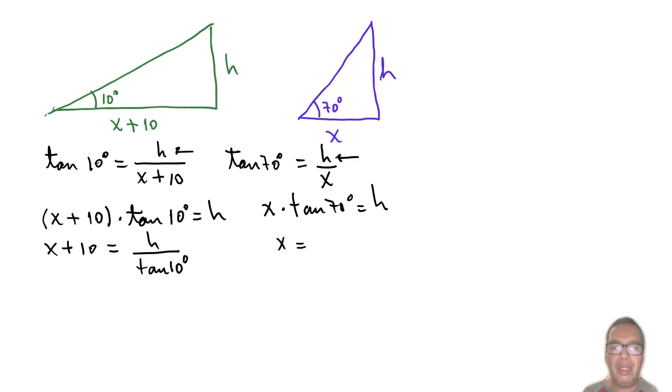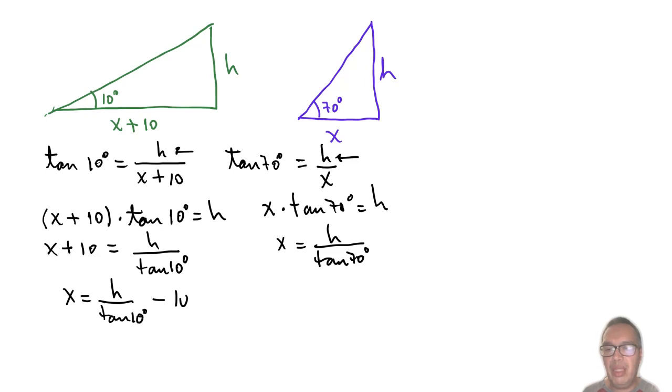And x is equal to h divided by the tangent of 70 degrees. Also, by combining a little algebra here, x is equal to h over tangent of 10 degrees minus 10. And on the other hand, you already have it solved for x, so you can just copy this.